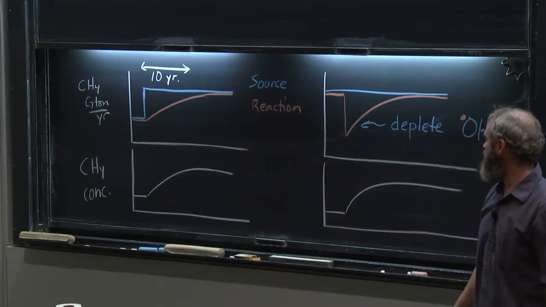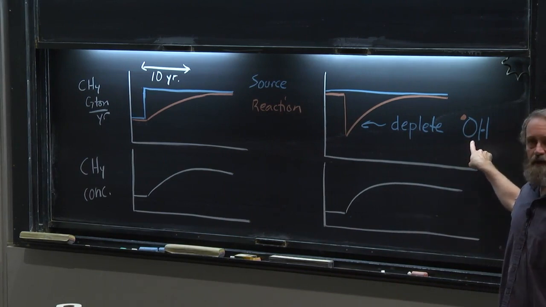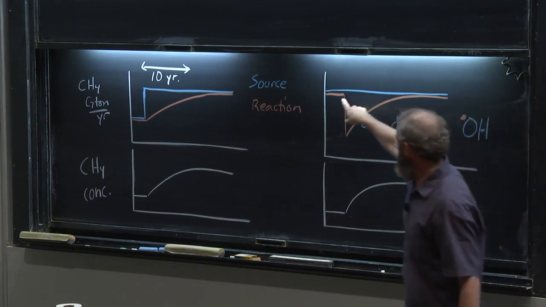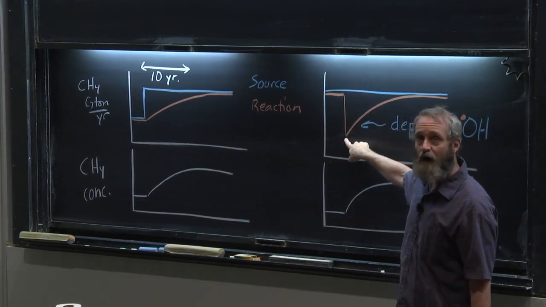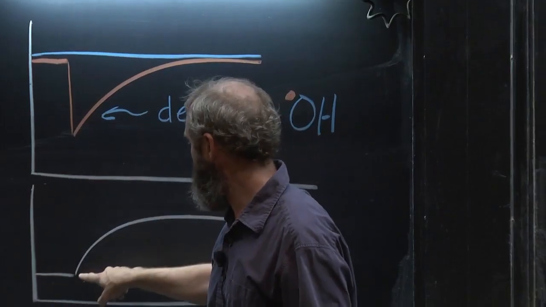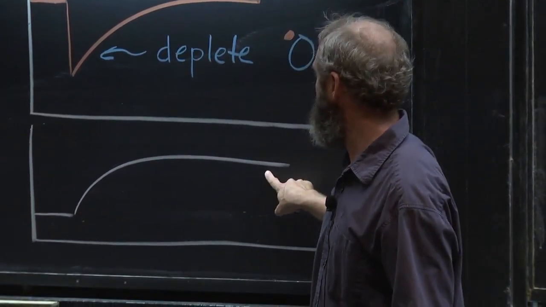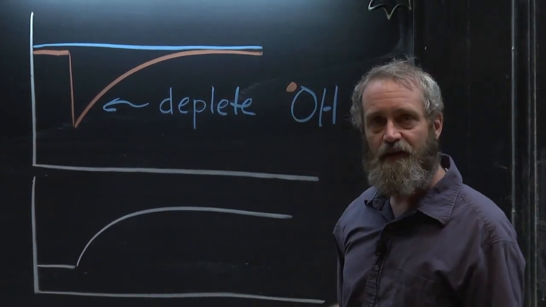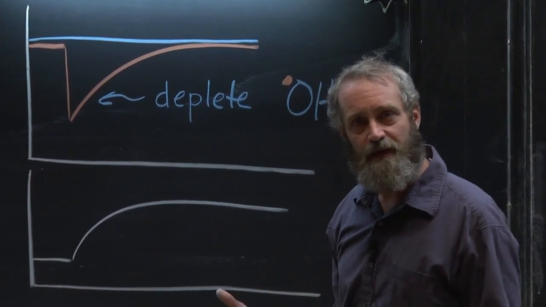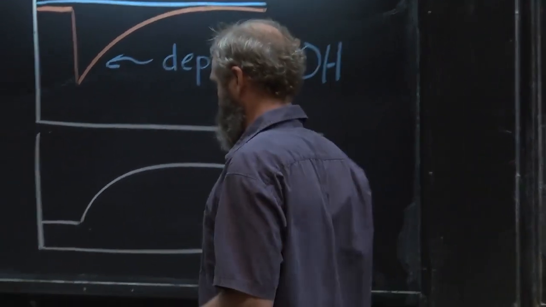Alternatively, if you did something that suddenly depleted the availability of this OH radical, you could start out with an equilibrium, and then suddenly the reaction rate would drop, and then the concentration would rise until the reaction rate again balanced the source.